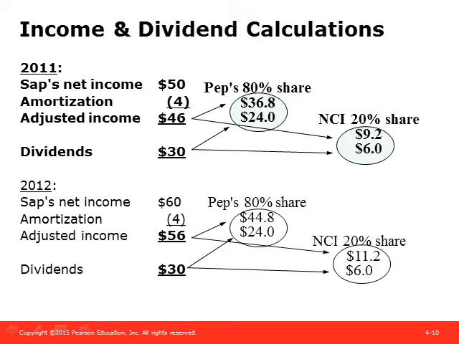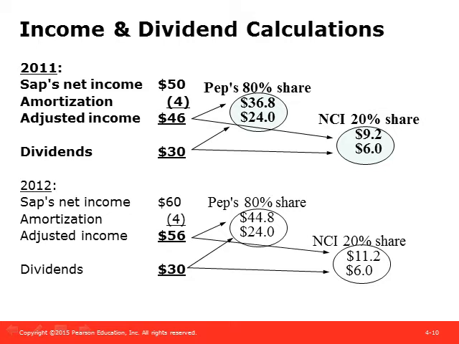We know that PEP has 80% share of SAP, so PEP's 80% share of the adjusted income is 36.8K. The non-controlling interest, or the minority interest, 20% share is the remaining 9.2K. We also were told that dividends were paid in 2011 of 30K. PEP's 80% share of those dividends was 24K, and the non-controlling interest 20% share was 6K.